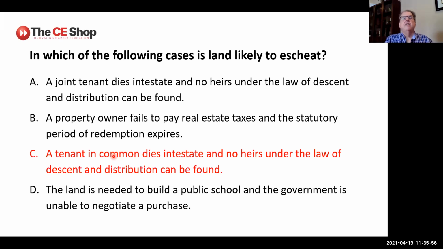So the surviving tenant in common doesn't have a claim on the real estate. So this tenant in common's share of the real estate is going to go to the government under escheat. And actually, it is known as escheatment. The property is claimed by the government in an escheatment.